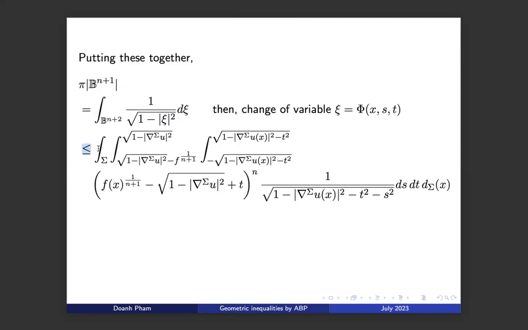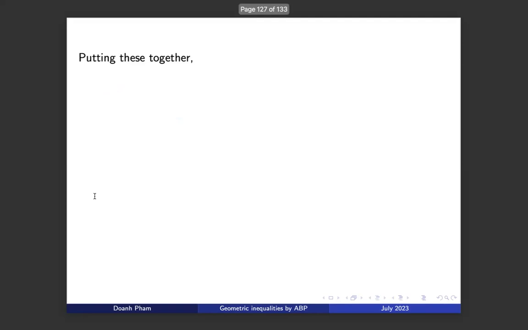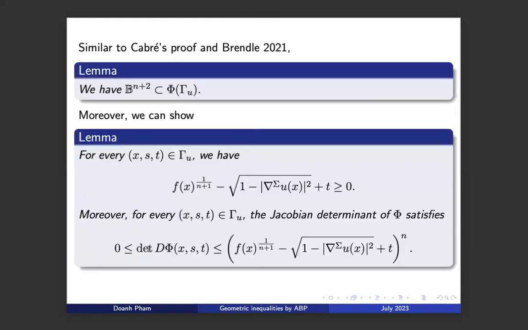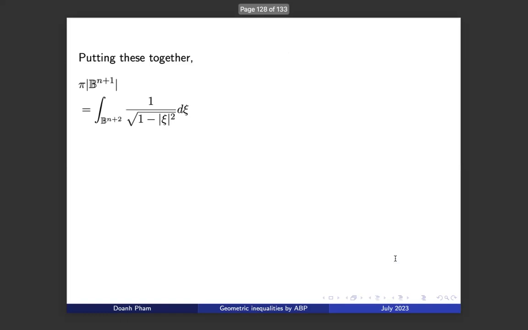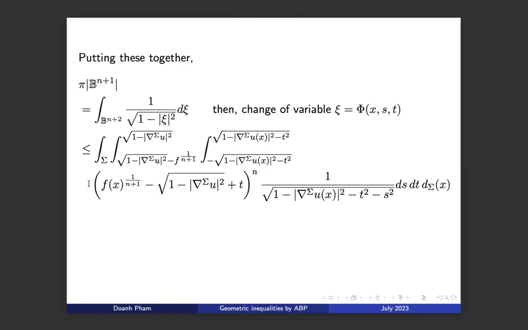The next inequality is because of the second lemma, which says the determinant of the change of variable map is controlled by the term formed by f, u, and t.